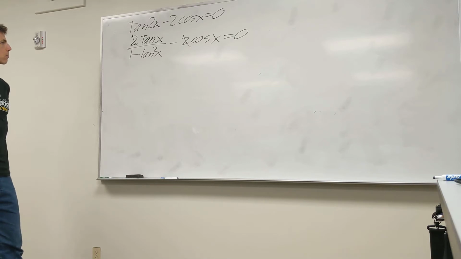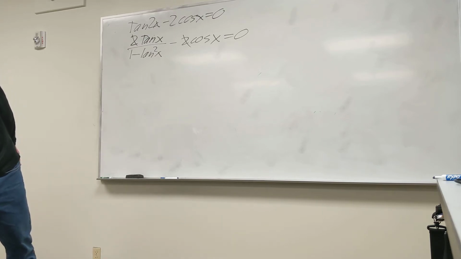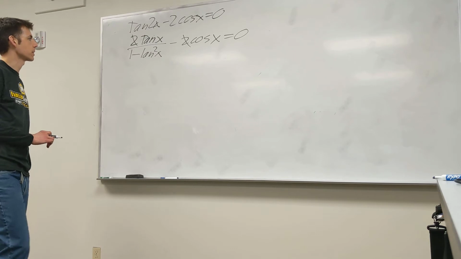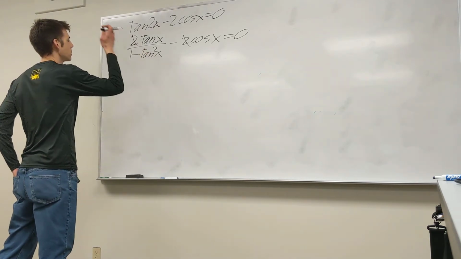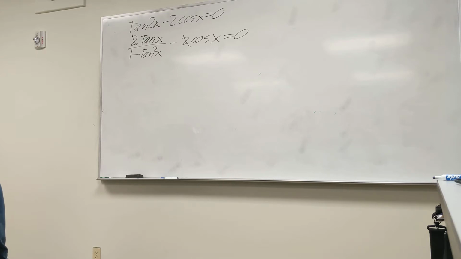Do you multiply by the positive version? No, plus tangent squared x, so that doesn't work. Tangent squared x is secant squared x minus 1.